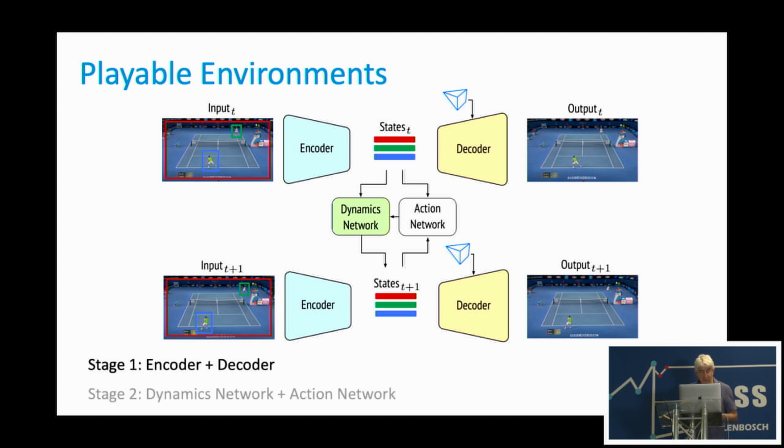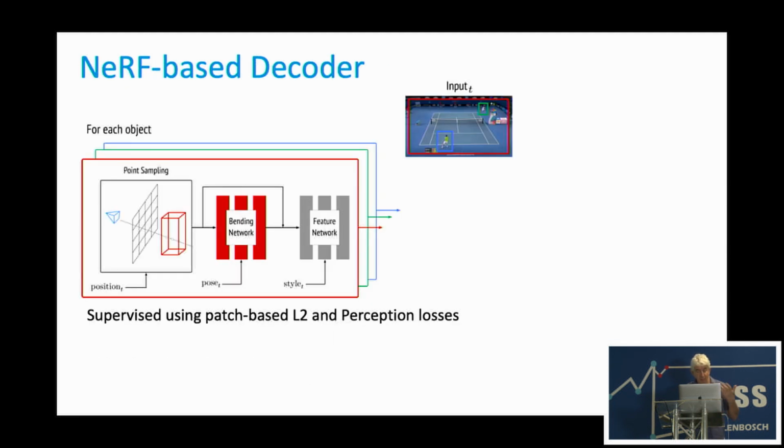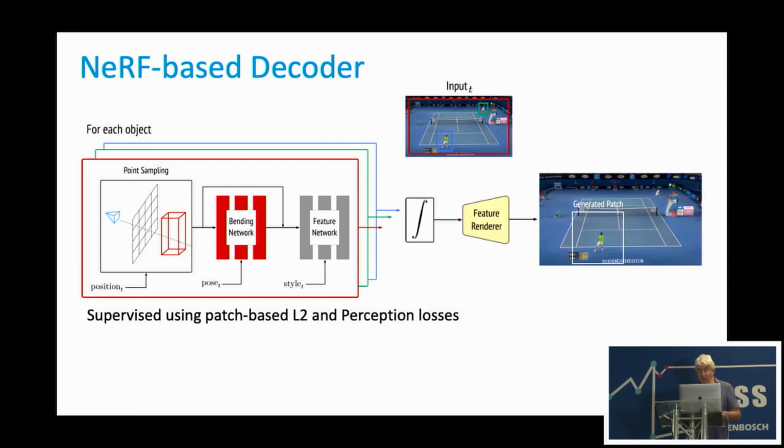You have the encoder-decoder, and then you have the dynamic network and the action network. On top of that, for each object we now have a NeRF-based decoder, supervised using a patch-based L2 and perceptual loss. You do this by generating a feature renderer, and you generate the patch for each particular person there.